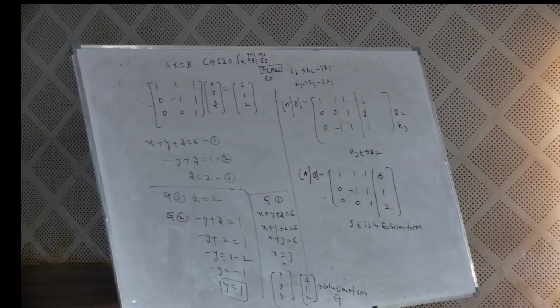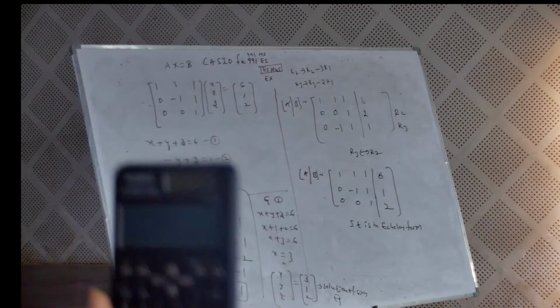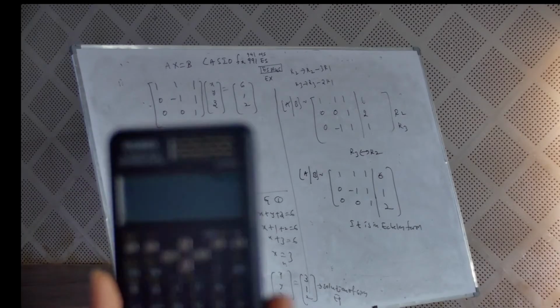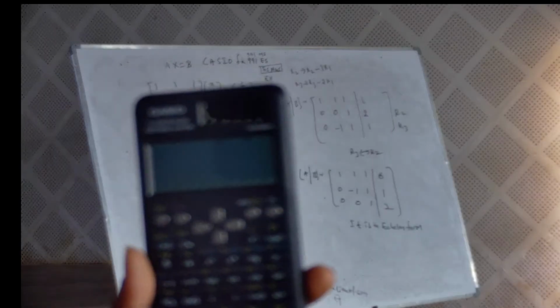ES, ES Plus and EX. Ma'am is suggesting ES Plus, Casio FX 991 ES Plus. Better to purchase it. It costs approximately 1200 to 1500, I think. 1350. I told the range correctly, 1200 to 1500.